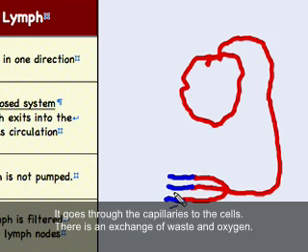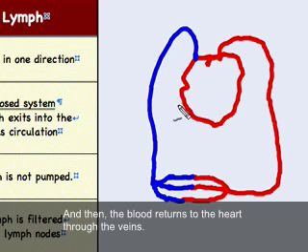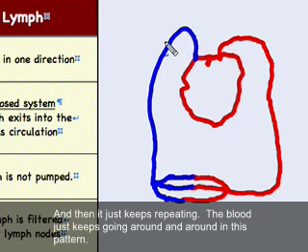There's an exchange of waste and oxygen, and then the blood returns to the heart through the veins. And then it just keeps repeating. The blood just keeps going around and around in this pattern.